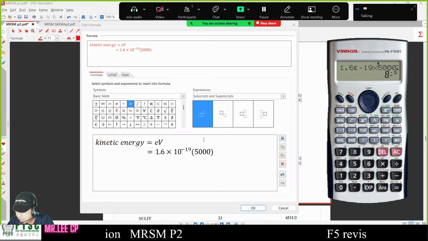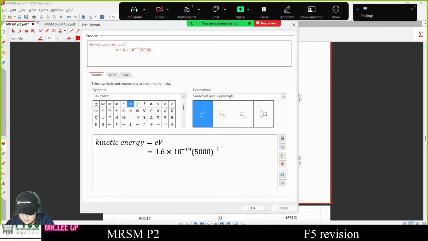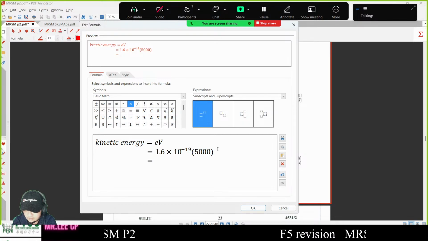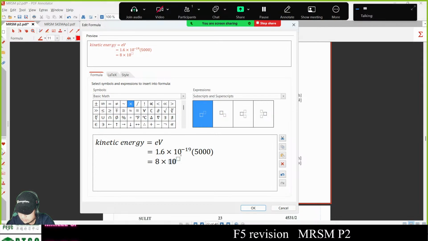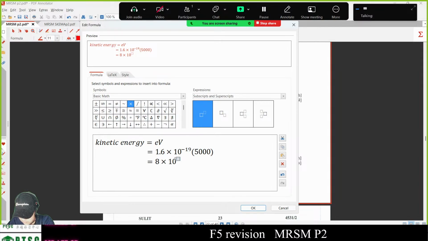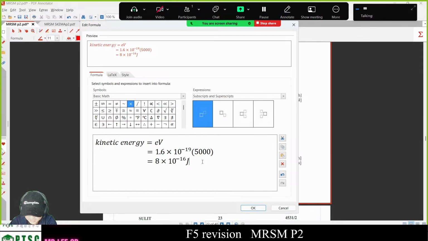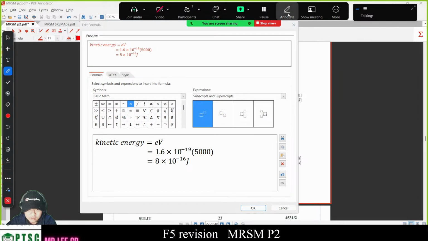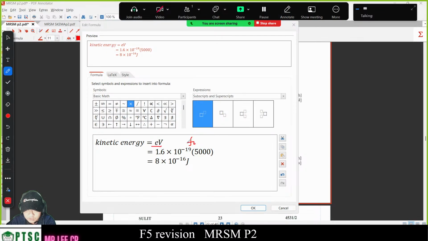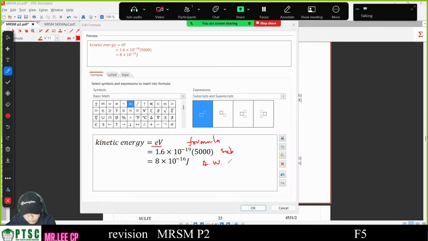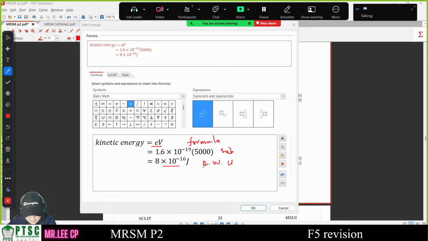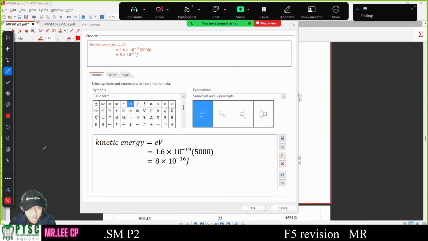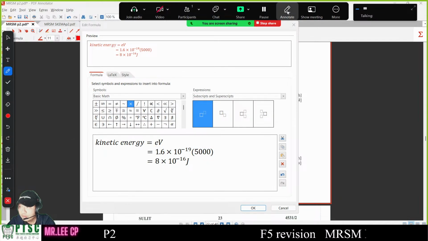So what do we get? 8 times 10 to the negative 16. The unit is joule. Must write the unit. The standard way to answer the question is formula, substitution, and answer with the correct unit. So you need to answer in this way. Now this is the answer.